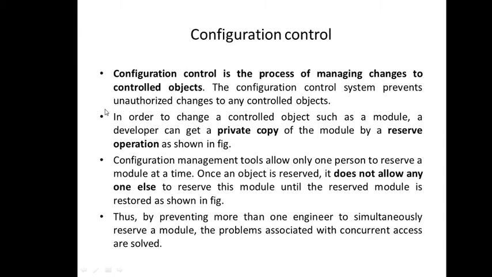Then comes the process of configuration control. Configuration control is the process of managing changes to the controlled objects. The configuration control system prevents unauthorized changes to any controlled object. So anyone can make a change, that is true, whoever is working in that project, but that change has to be verified by some authorized persons or the team, right?